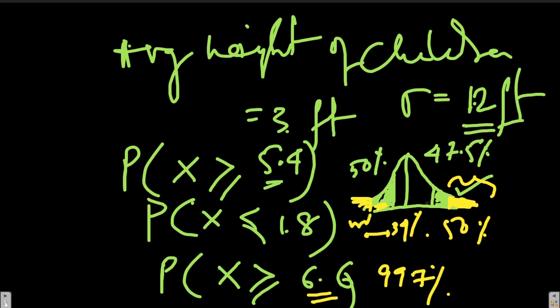So I don't need this. I only need this because I'm only concerned about the heights above 6.6 feet, and that is going to be 100% minus 99.7 by 2, which is basically 0.15%. Okay, so I think we are pretty much clear about this.